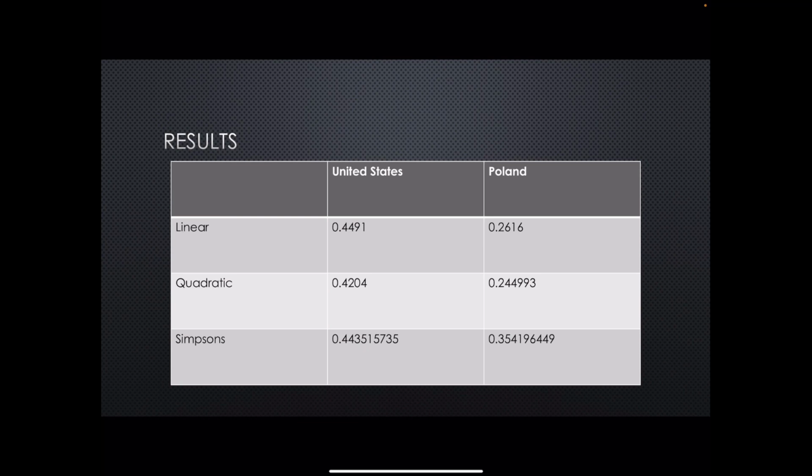As you can see, the United States had a significantly higher Gini coefficient than Poland for every single method. And it's also apparent that each method led to slightly different values, so some of them may be more accurate than others. But they all fit that general pattern of the United States being significantly higher than Poland.